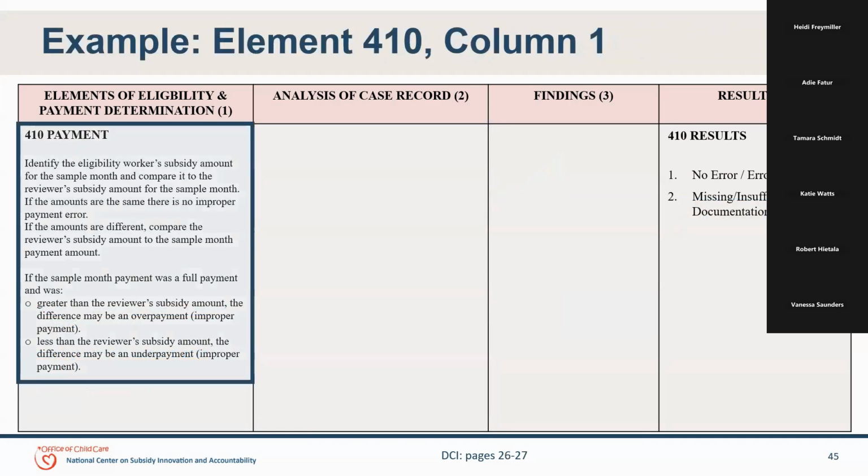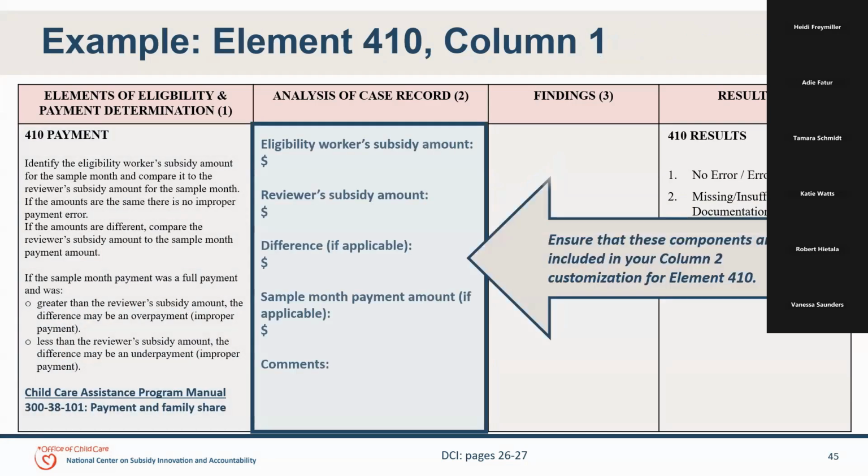And then you said there was another question, Bob? Yep, one more question. Do we need to include the math in 410, I assume? Yeah, you don't need to. I'm not sure if you're asking, do you need to include math when you're customizing, or does the reviewer need to include math?